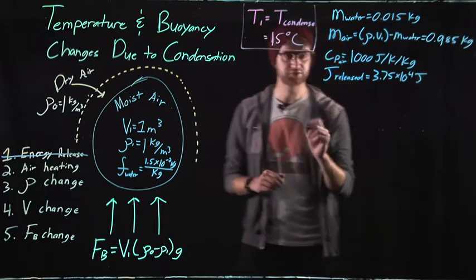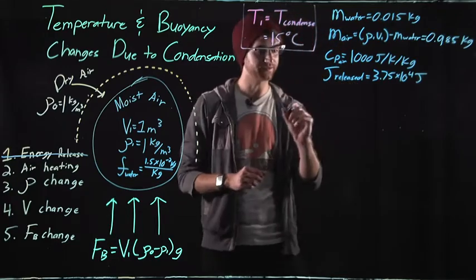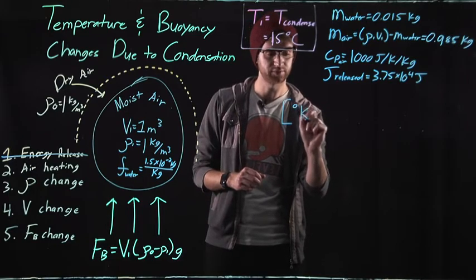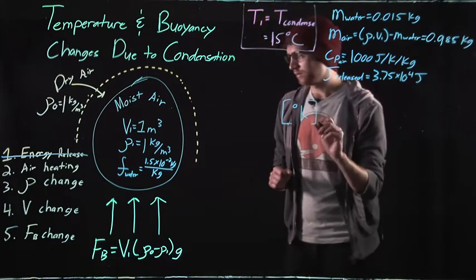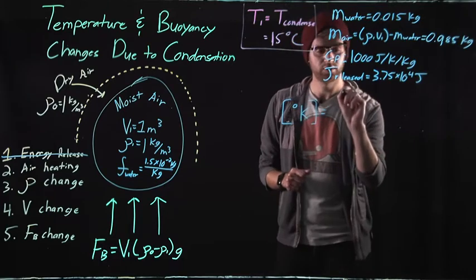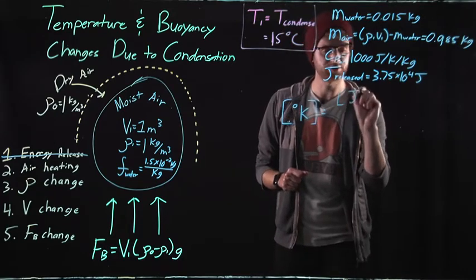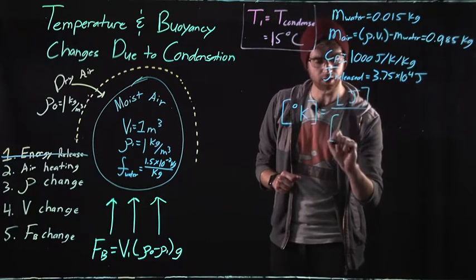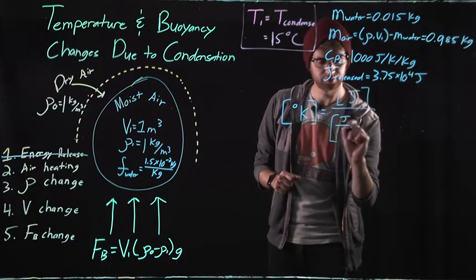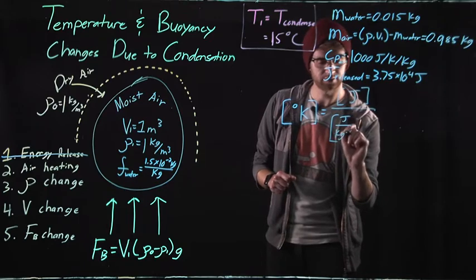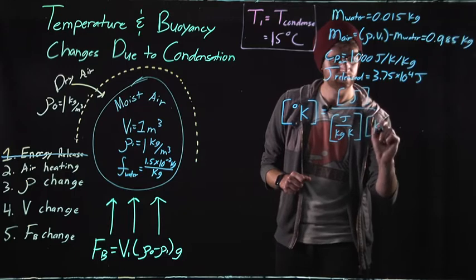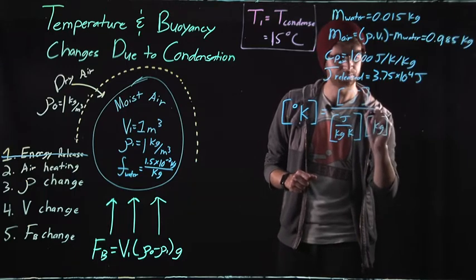So let's do our unit cancellation. We want degrees Kelvin. Units of joules must be on top, then we need joules per kilogram Kelvin here, and kilograms here.